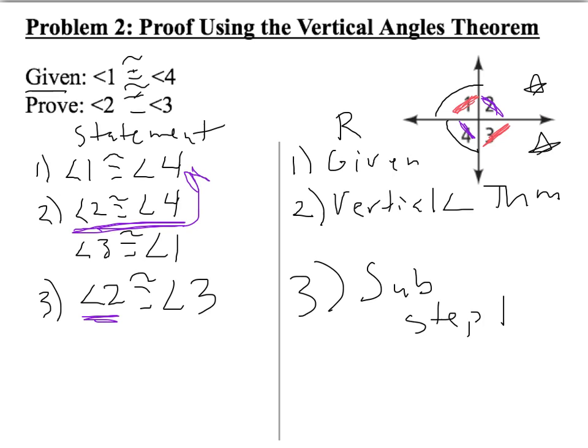And since I know angle 3 was congruent to angle 1, I substituted that in for angle 1. So I'm using this first statement that we wrote, the given statement, to substitute for my final statement. And now since my last statement is my proof statement, I have nowhere else to go. And that would be my proof.